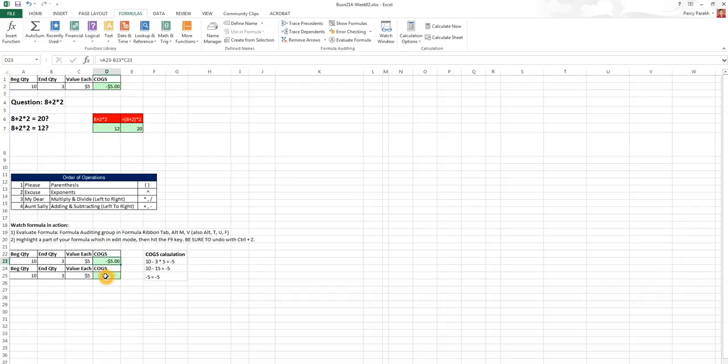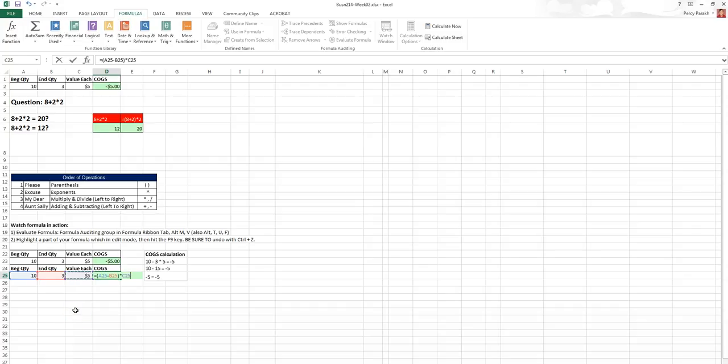Now let's do this correctly. To correct this, what we can do is we can put equals over here, and then we can do this minus this, okay? But I want to change the order of operations, so I'm going to put a parentheses around it because I want the computer to evaluate that first, and then I'm going to go asterisk multiply by $5, okay?